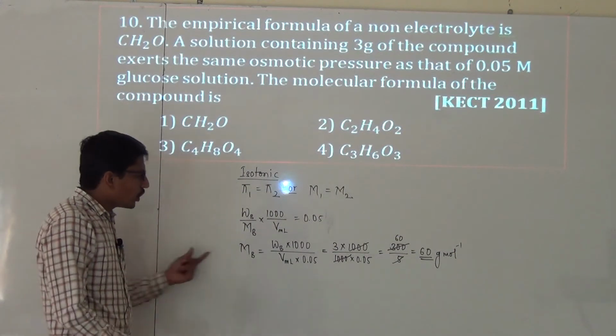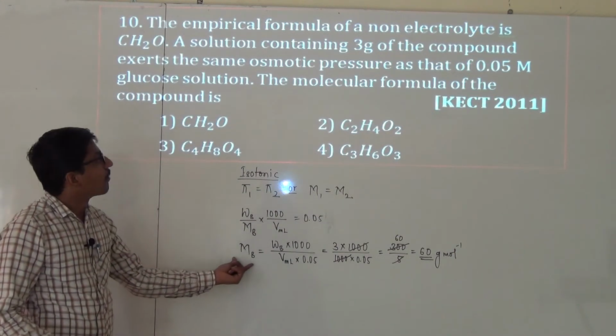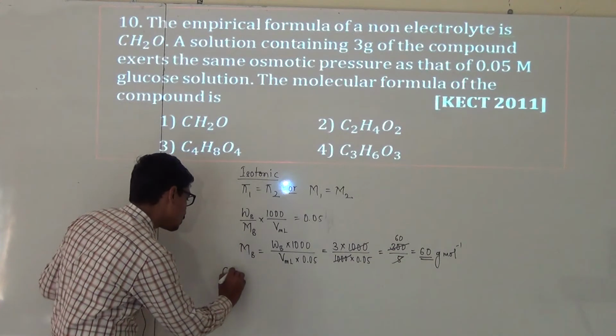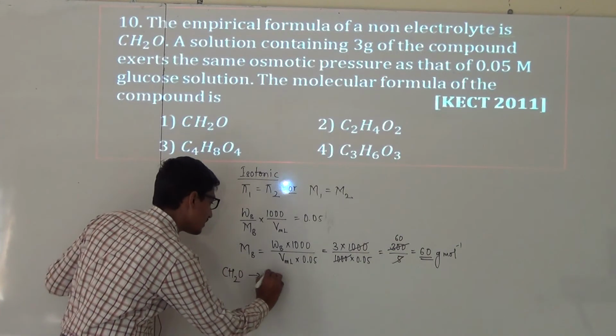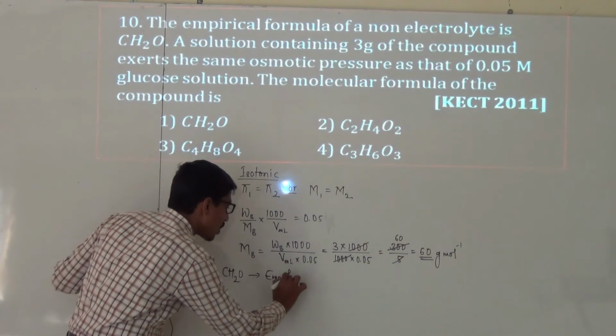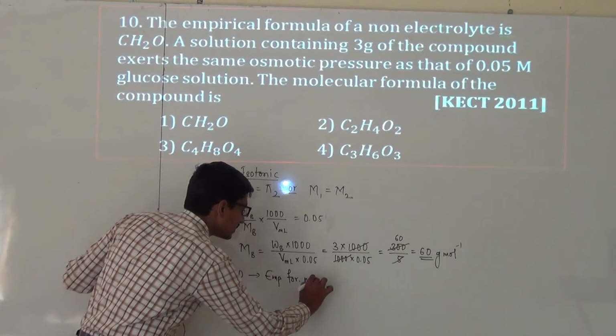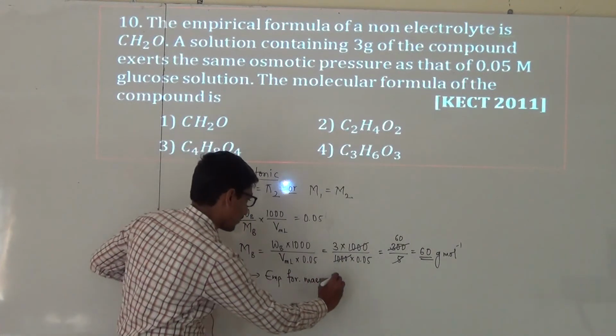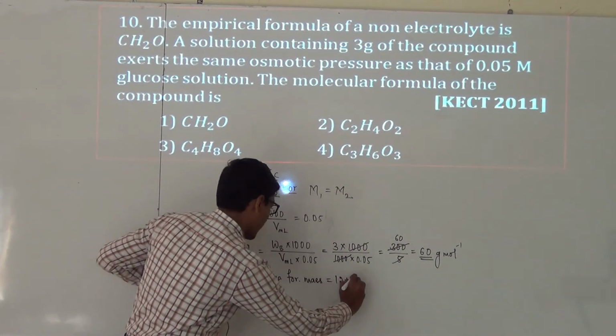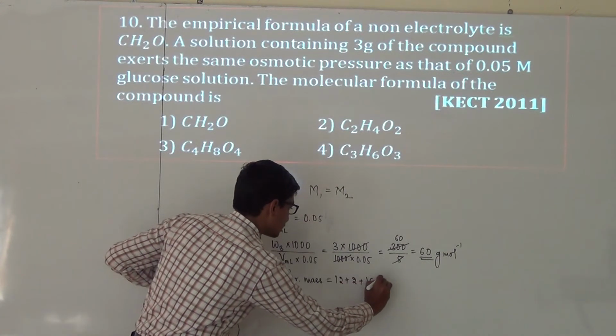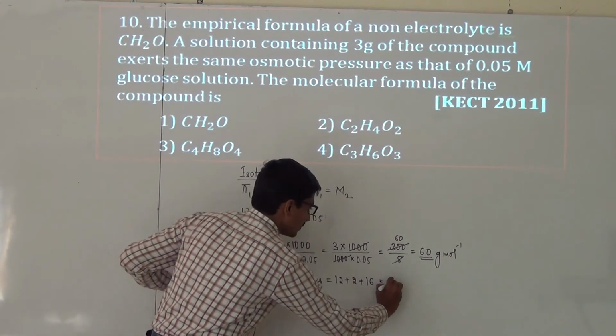By knowing the molecular mass and empirical formula, the empirical formula is CH2O and the empirical formula mass is equal to carbon 12, hydrogen 2, plus 16, which is equal to 30.